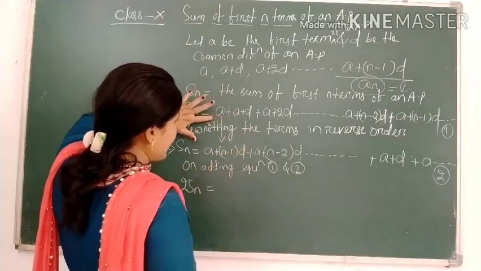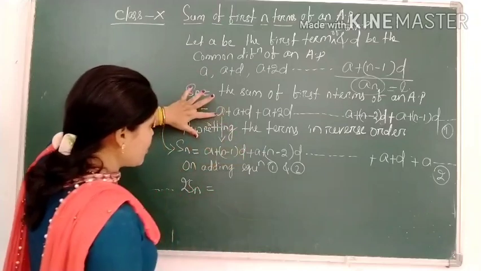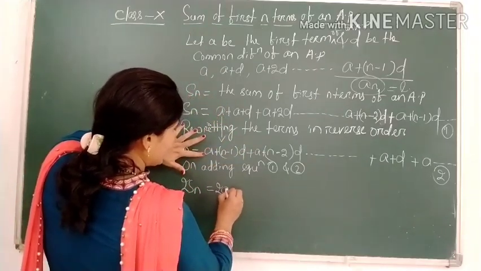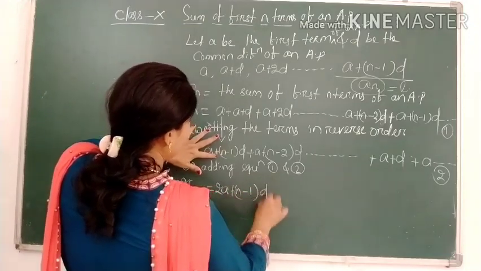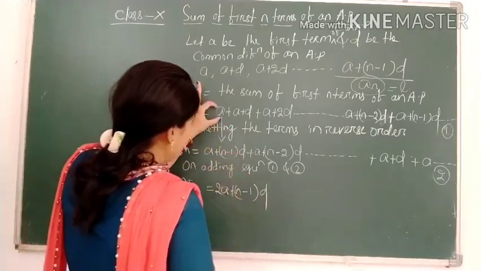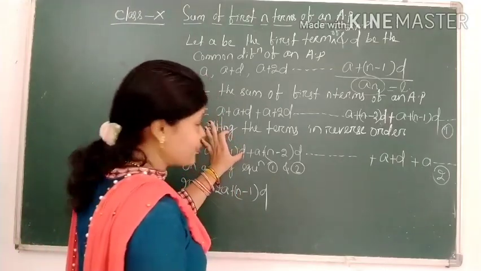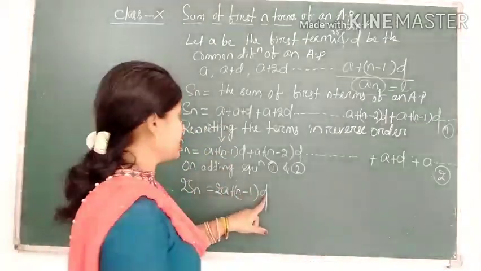I have to add A with A plus n minus 1 into D. So A plus A is your what? 2A plus n minus 1 into D. I am adding A with A plus n minus 1 into D and I am getting 2A plus n minus 1 into D. Got it?